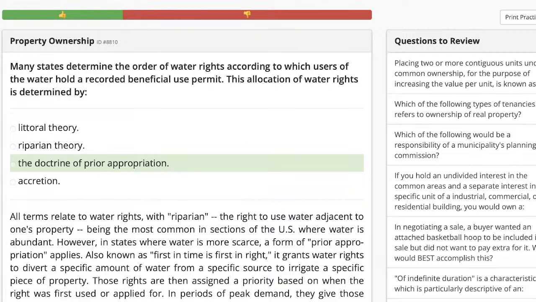So the water rights is littoral and riparian, but the actual allocation is that doctrine, okay? As for the littoral and riparian, just remember littoral lake, riparian river. Riparian has to do with a moving body of water. Littoral has to do with a body of water standing still.